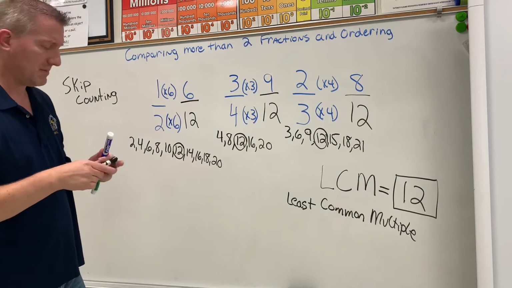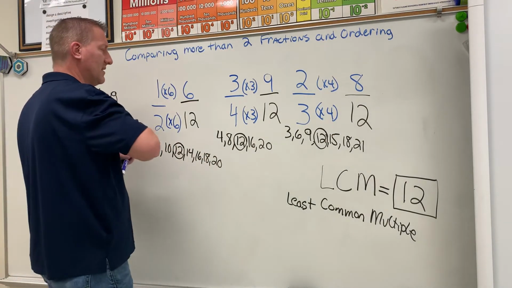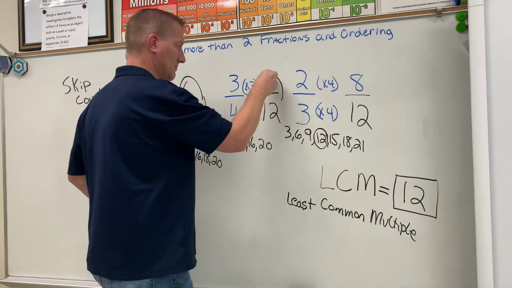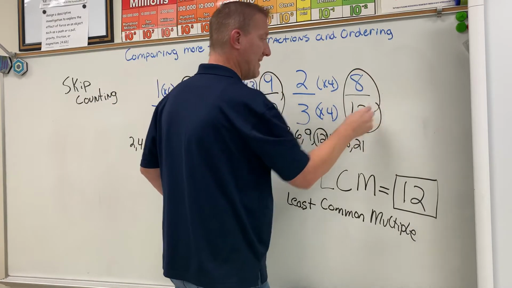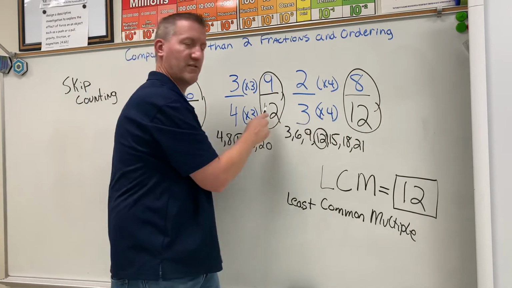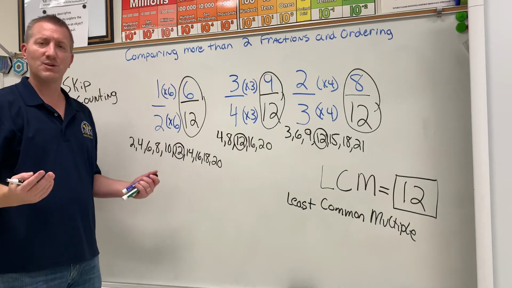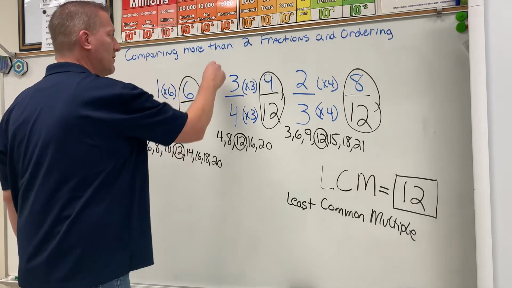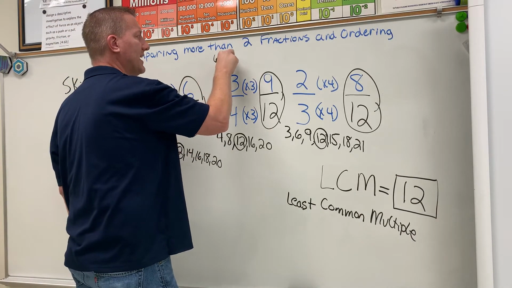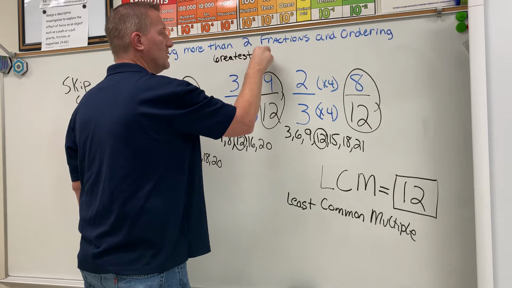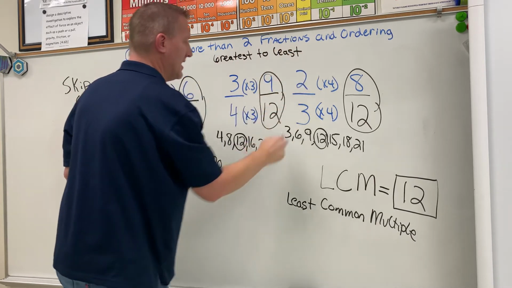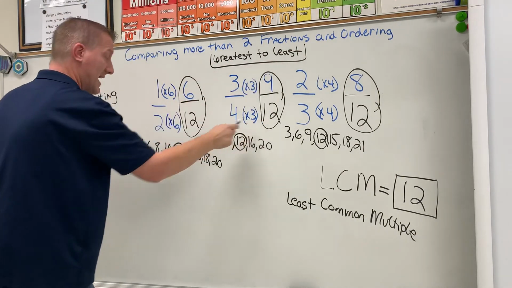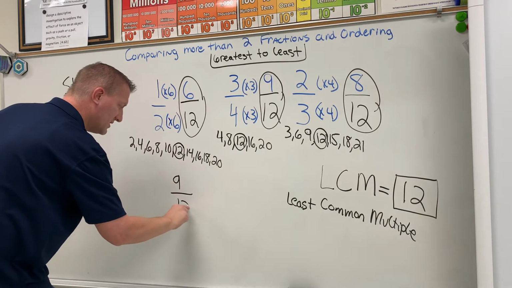Now this is what I'm left with. I'm left with 3 fractions right here, and they all have the same denominator, right? So we can compare them together now. If I was putting them in order from greatest to least, then 9/12 would come first.